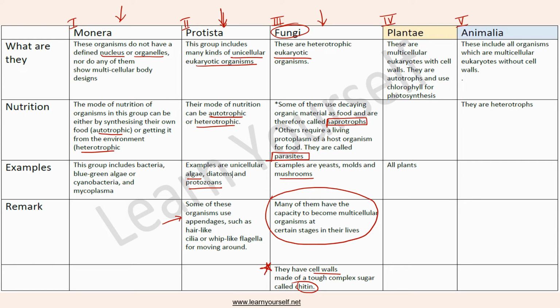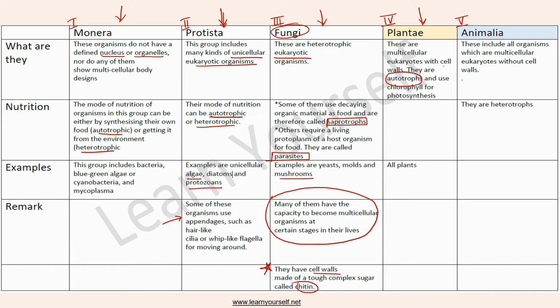Now the fourth kingdom is Plantae. These are multicellular eukaryotes with a cell wall. They are autotrophs, using chlorophyll to do photosynthesis. Monera and Protista are both autotrophs and heterotrophs, whereas fungi are saprotrophs and parasites, depending upon other organisms.